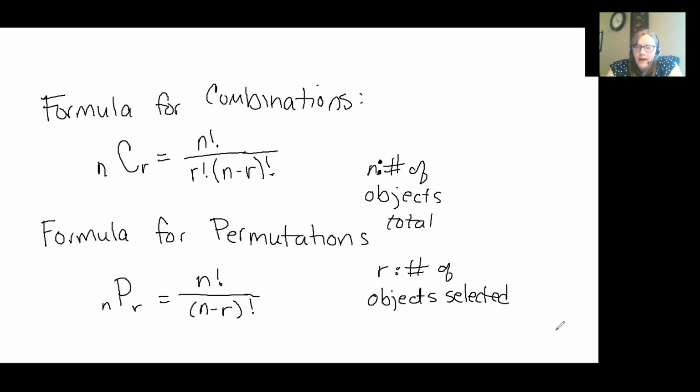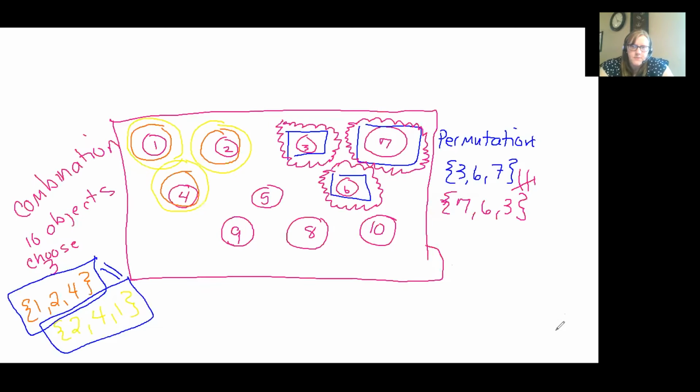So if we go back and we look at the page before at this picture, there were 10 objects total, so 10 would be our N. And for both of our examples, permutation and combination, we chose 3.